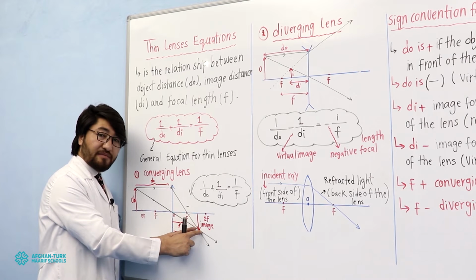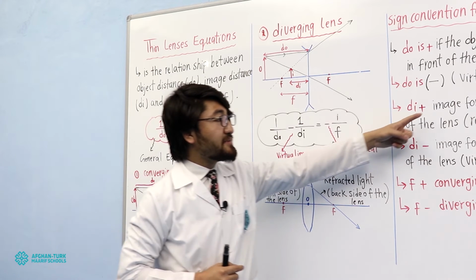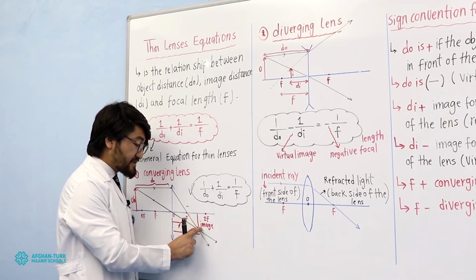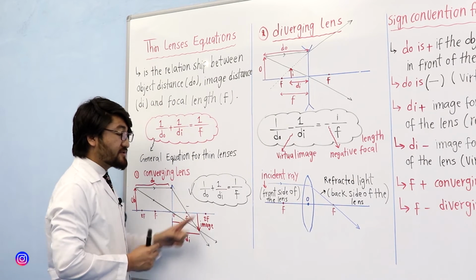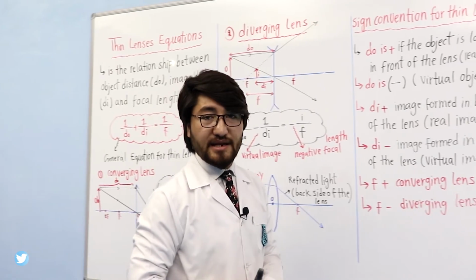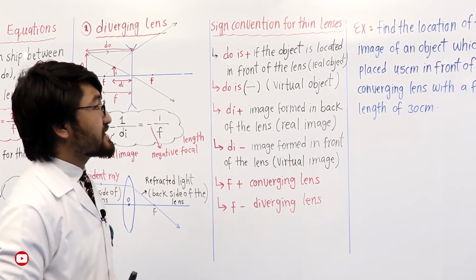The image far in back of the lens is positive. And also you know that a converging lens has positive focal length. This is the sign convention for the thin lens.